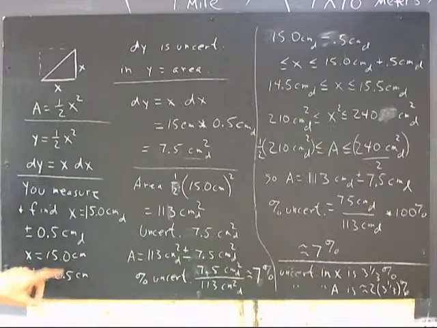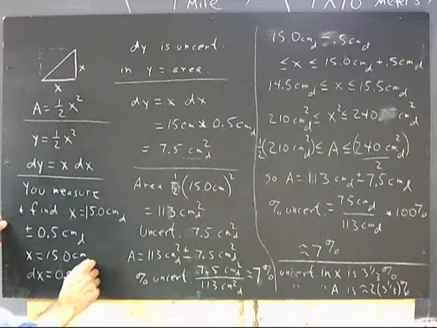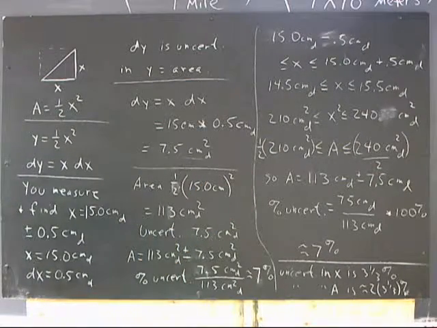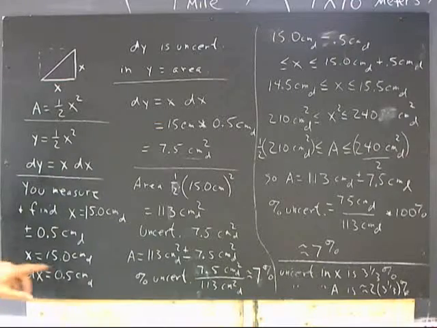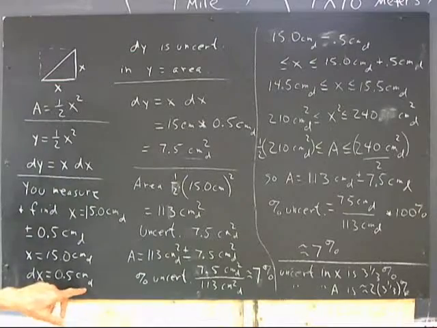So again, x is 15.0 cm, and in class I didn't put the units on these centimeters. Now, x is 15.0 cm, dx is 0.5 cm.